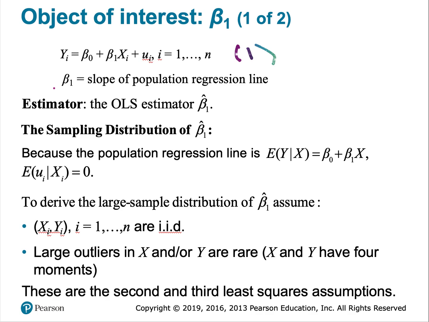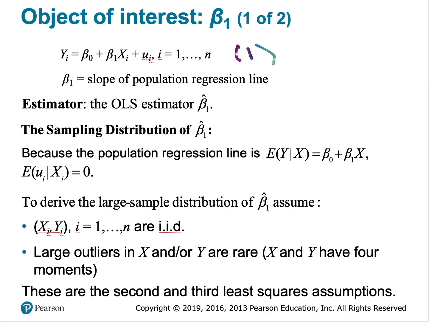The estimator of beta 1 is the OLS estimator beta 1 hat. Now we're getting at the sampling uncertainty around the OLS estimator beta 1 hat. Okay? How good is the OLS estimator beta 1 hat at estimating beta 1 for that sample and population?